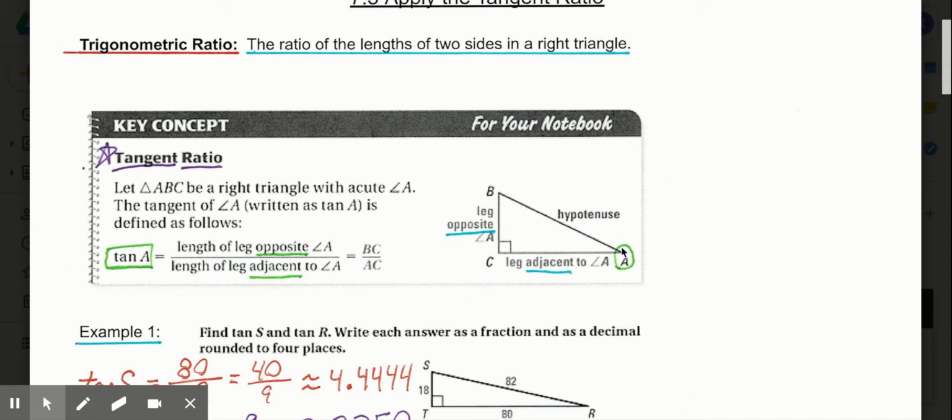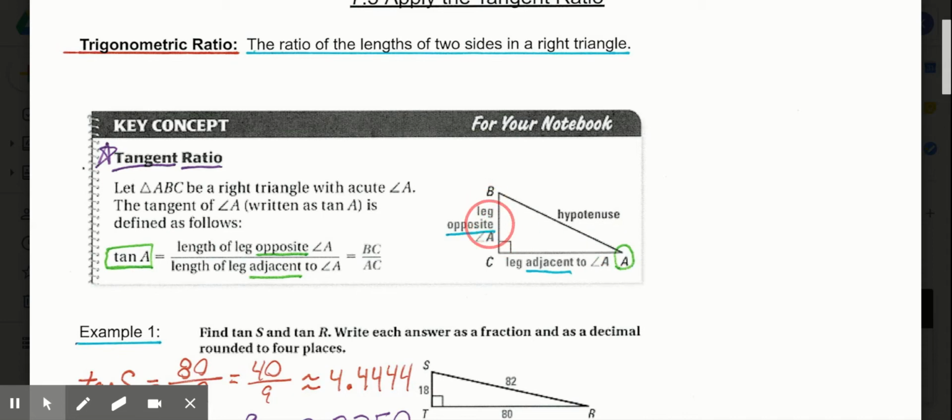So what you'll notice in the tangent ratio is we do not use the hypotenuse. We utilize the leg opposite and the leg adjacent. Adjacent meaning the one that makes part of angle A or whichever angle we're looking at.